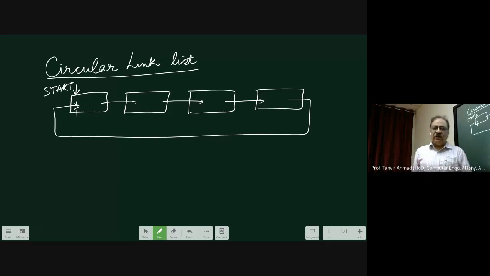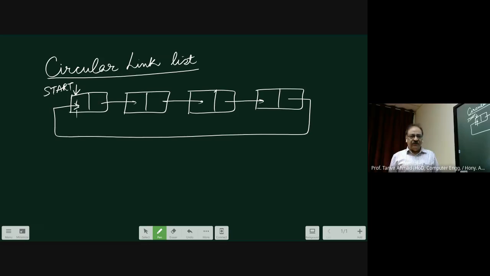Okay, this is a circular linked list where you will have the last pointer pointing to the first node, and that is similar to the circular queue. Therefore, there is no last, except that from where the start is going to begin, that is the starting node, and you can come back to the previous node.